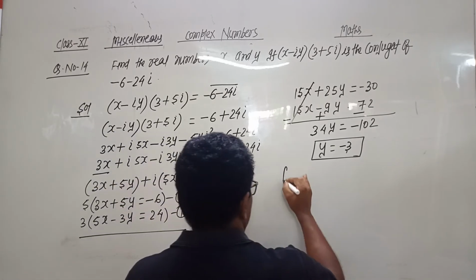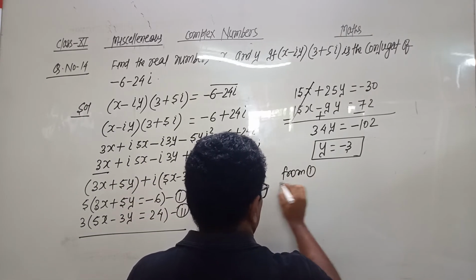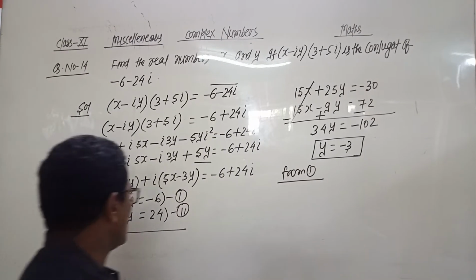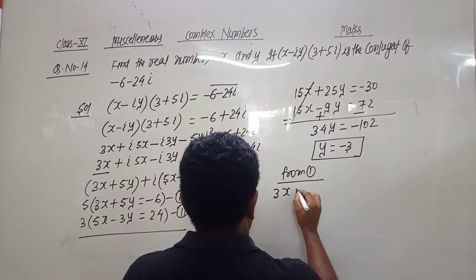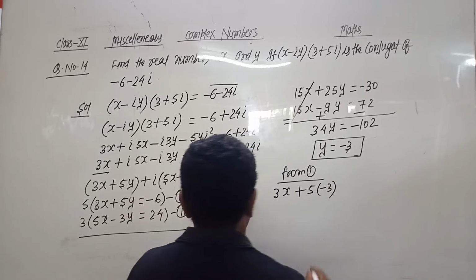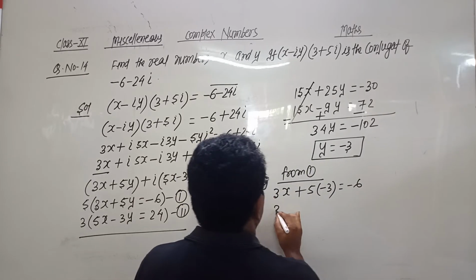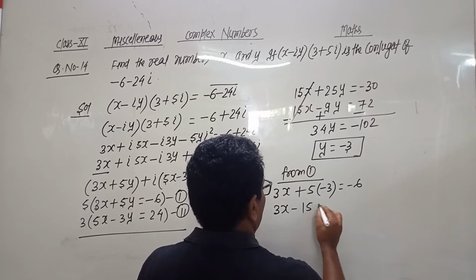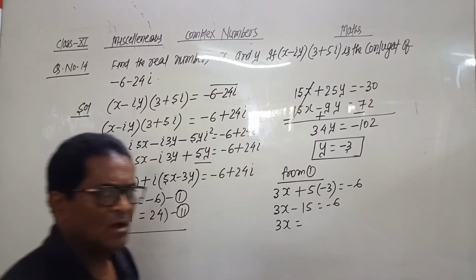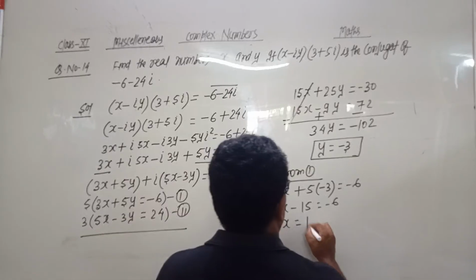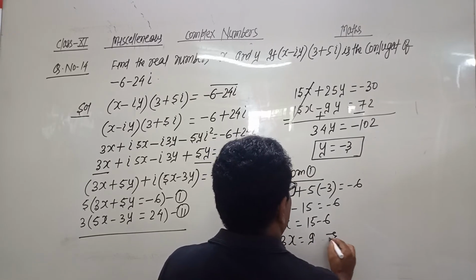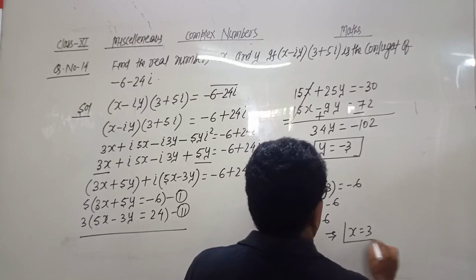Now put the value of y in the first equation, in its original form. So 3x plus 5 into minus 3 equals minus 6, and 3x minus 15 equals minus 6. 3x equals minus 6 plus 15, so 3x equals 9, and we get the value of x equals 3.